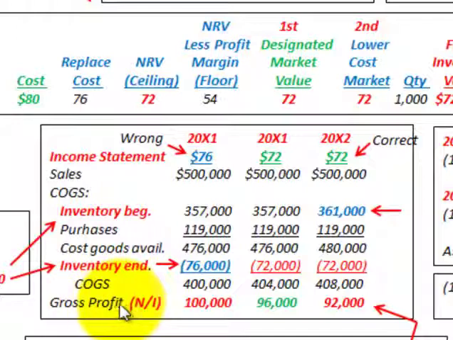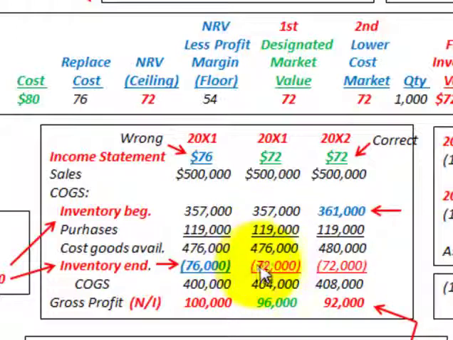Now to determine our gross profit, or net income, it's the difference between our sales of $500,000 less our cost of goods sold of $400,000, which gives us a gross profit of $100,000. Now, had we used the correct amount for 20x1, the $72 lower market value, the only thing that would have changed is our ending inventory. Instead of $76,000, it should have been $72,000.